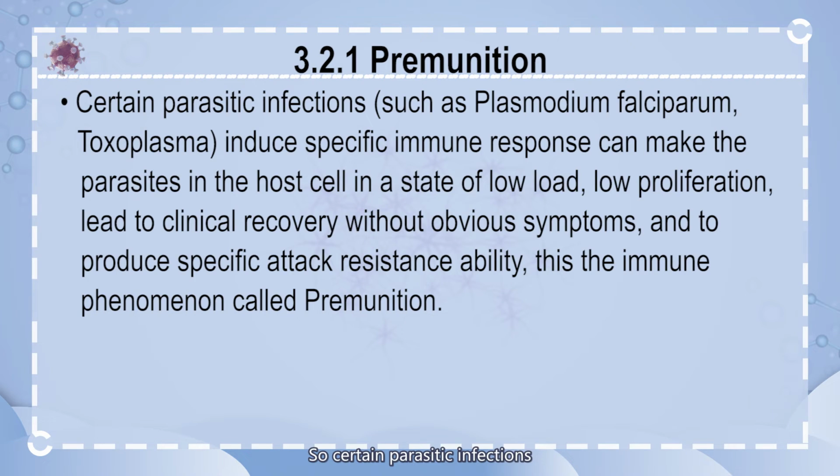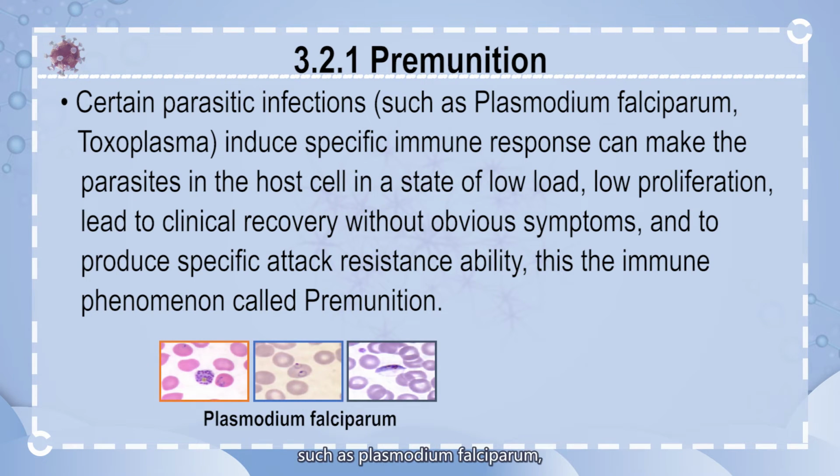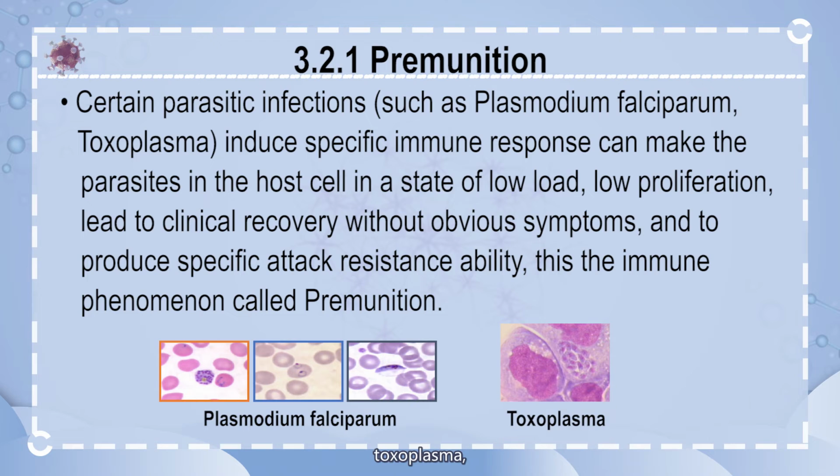Certain parasitic infections, such as Plasmodium falciparum, Toxoplasma gondii, and American trypanosomes, induce a specific immune response that can keep the parasites in a state of low load and low proliferation, leading to clinical recovery without obvious symptoms, which produces a specific resistance to attack. This immune phenomenon is called premonition.